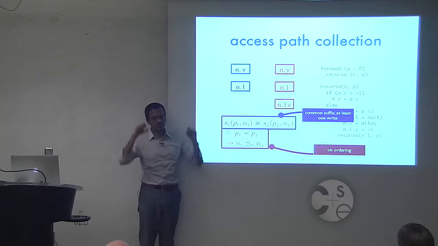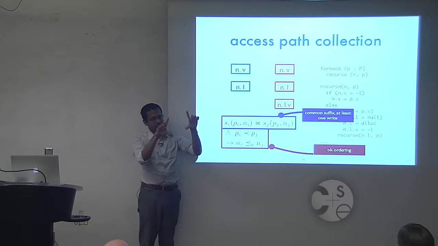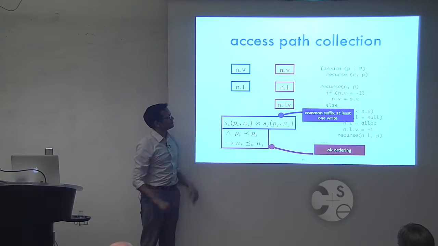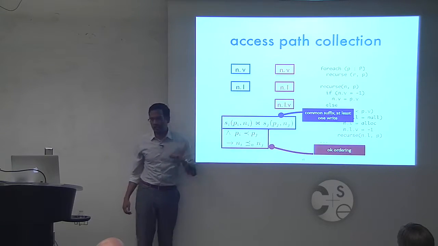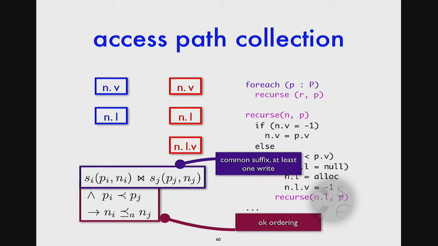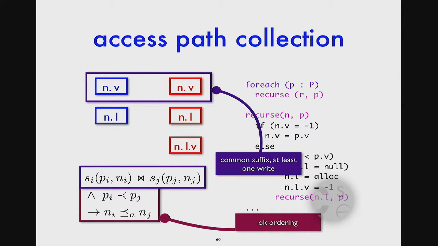Basically starting from the same n, they can get to the same part of the tree. And at least one of them is a write. And then I again want to check for OK ordering. So for example, n.v and n.v, they've got a common suffix. Basically it says if one iteration is at node n, it's going to read from n.v. A different iteration at the same node n will write to n.v, so they're going to access the same location.